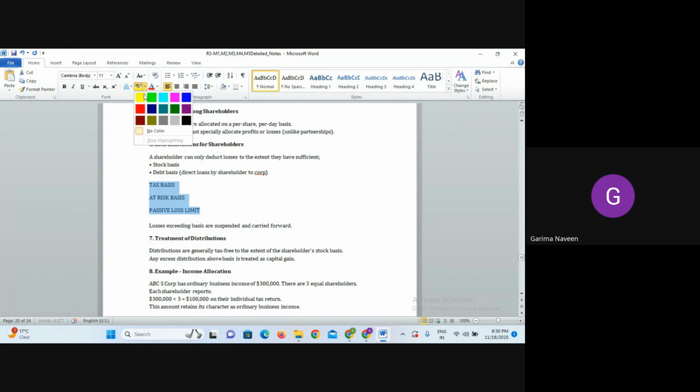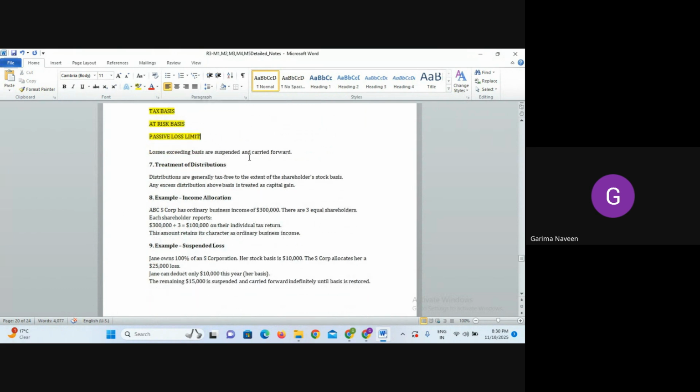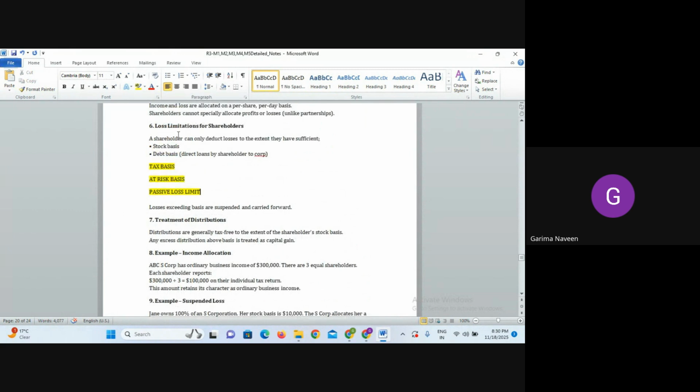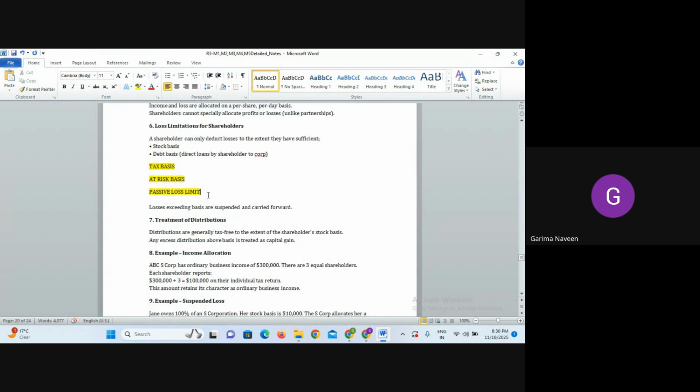So there are limitations on the losses you can deduct on your individual return. You can't deduct all the losses from your flow through entities against other types of income. You are subject to certain limitations, which are the tax basis limitation, then the at risk basis limitation, then the passive loss limitation. Okay, is it clear?